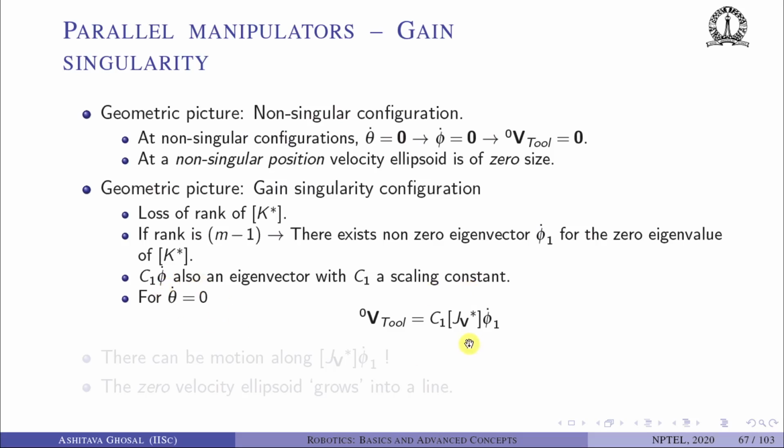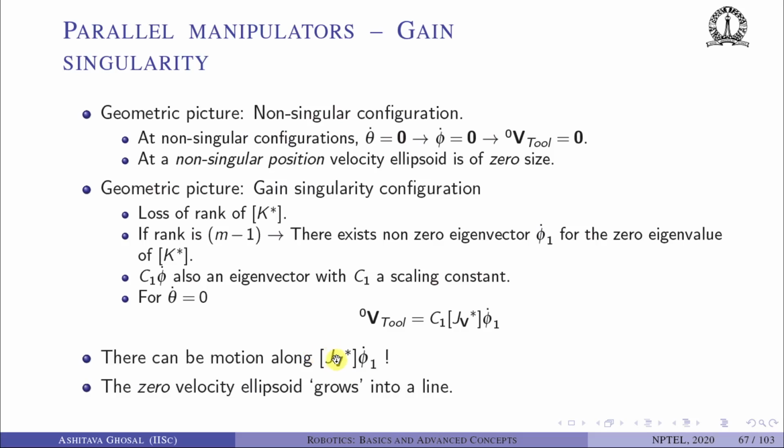So for theta dot equal to 0, the linear velocity is now c1 into jv star phi1 dot. Okay, so there can be a motion along this vector jv star into phi1 dot. This is an eigenvector, and jv star multiplied by the eigenvector will give a certain direction. So what do we have? When the determinant of k star is equal to 0, there is a loss of rank to, let's say, m minus 1. Then the zero velocity ellipsoid grows into a line. It can move along this direction jv star phi1 dot.